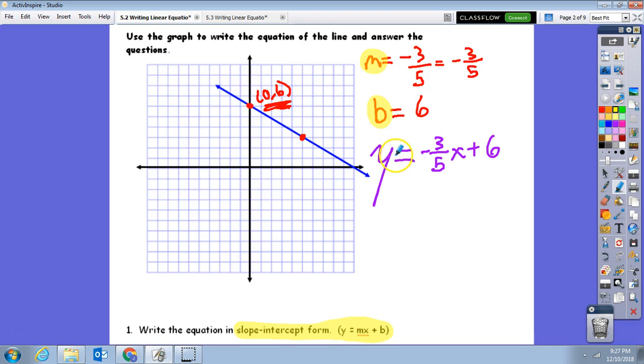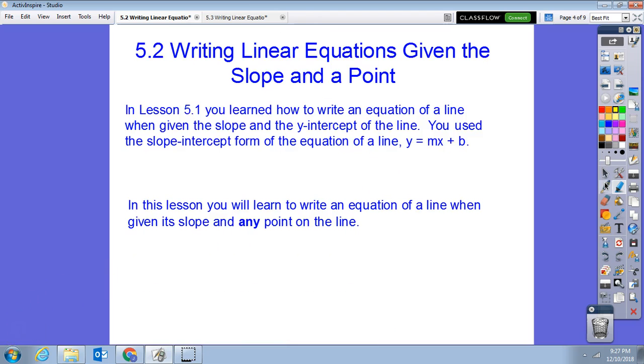The m would be the slope, what you move by. But also you can think about that as the rate of change in a real-world application.